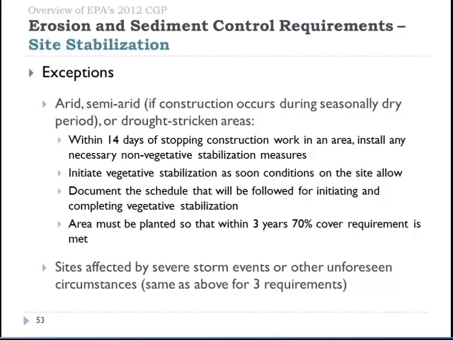And in the CGP, we've established alternative requirements that within 14 days of stopping construction work, and this applies if you're doing vegetative stabilization in one of these areas where water is scarce, and obviously there's different vegetation that predominates there and is affected by the shortage of water, that within 14 days you put down non-vegetative stabilization measures.